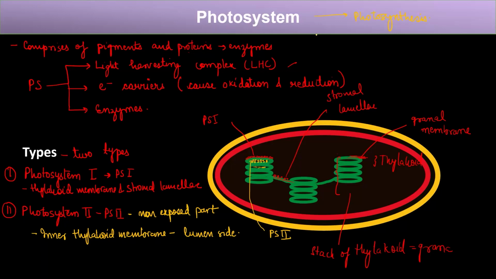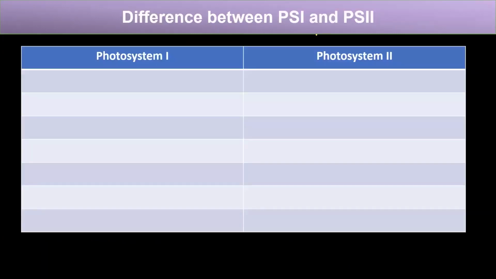Now, let's see the difference between photosystem 1 and photosystem 2. First of all, let's talk about why they are named 1 and 2.